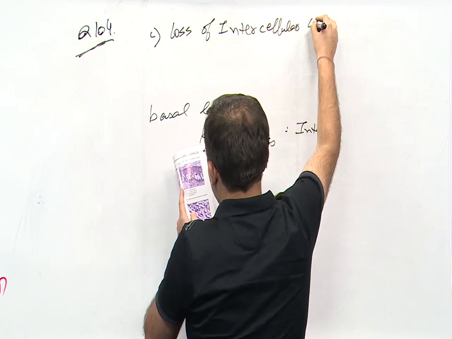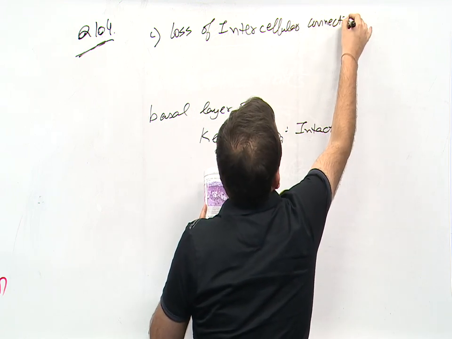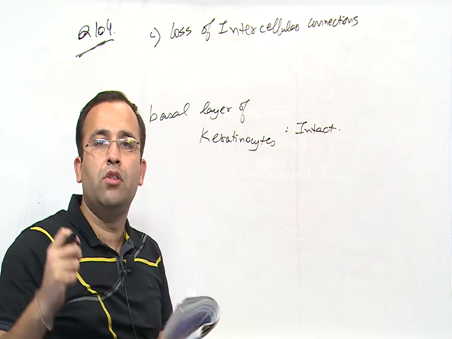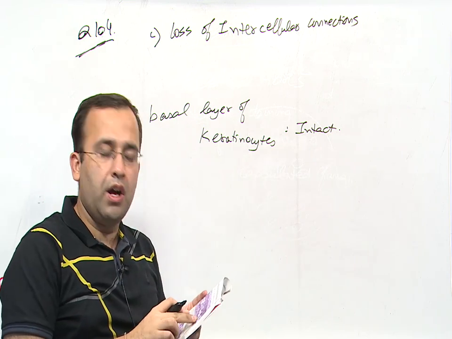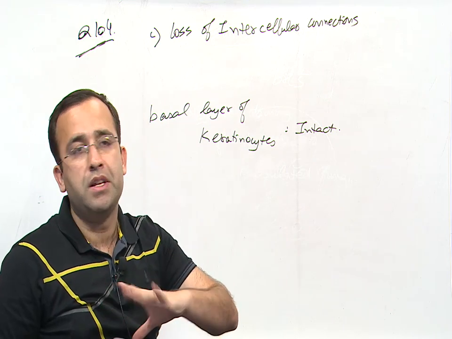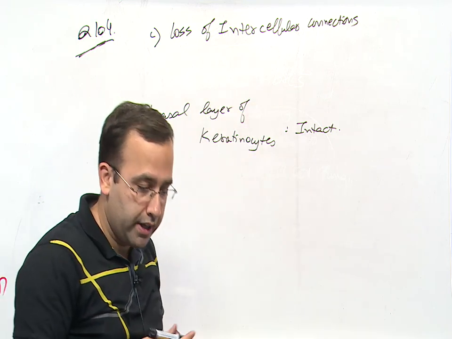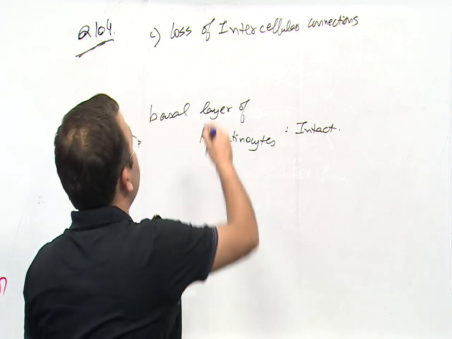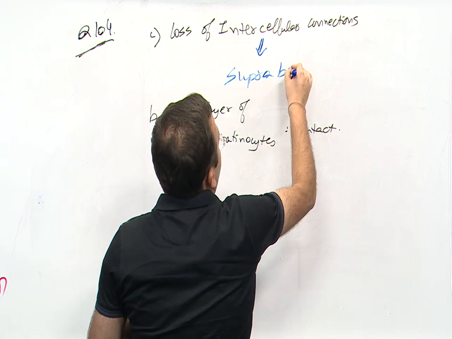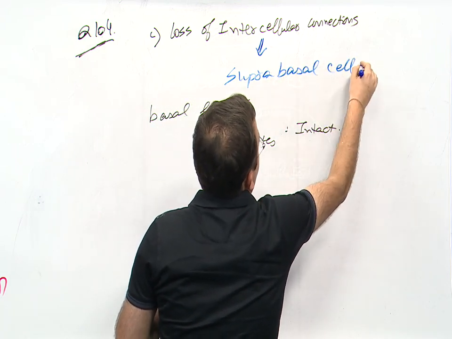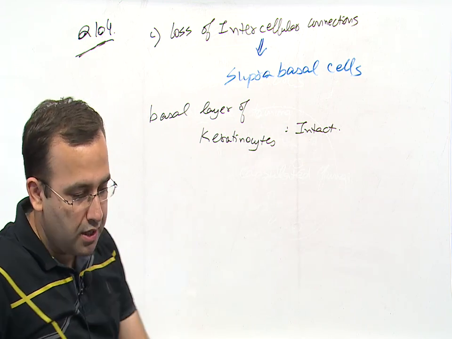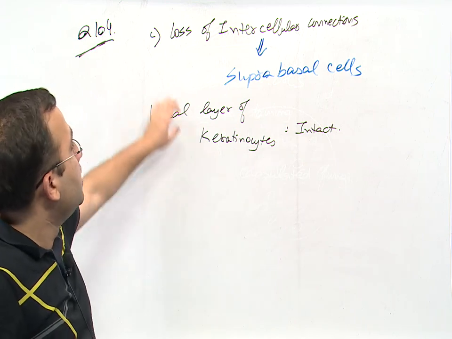That is why what you have are the basal layer of epithelial cells, then there is a lot of white space. That is the loss of intercellular connections, which is taking place in suprabasal cells.